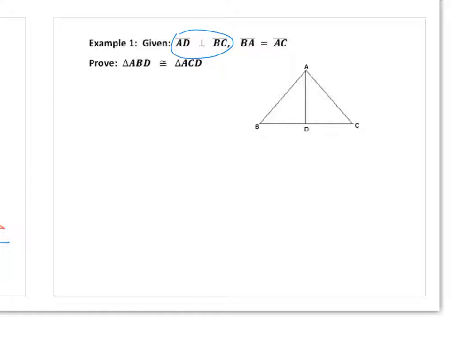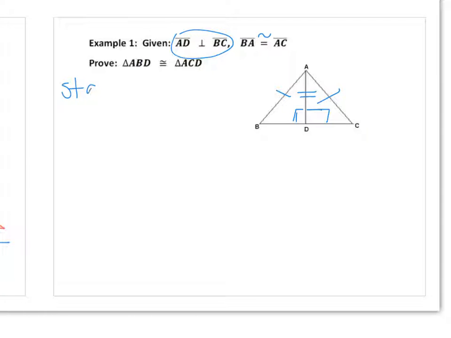If I know that these are perpendicular, wouldn't I know that these angles are right angles? And then BA is congruent to AC. Those are those sides. And then I would have the reflexive. So how are these triangles congruent? Because of HL. So that makes it different in our proof.